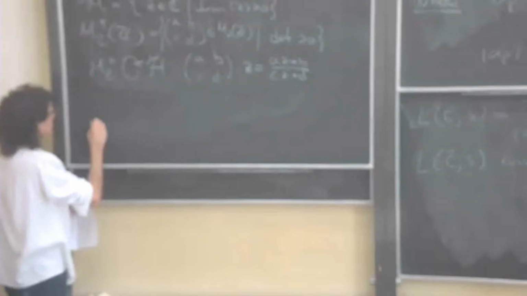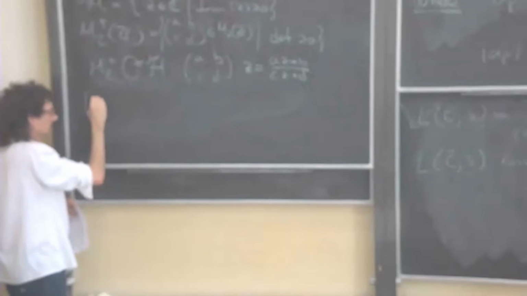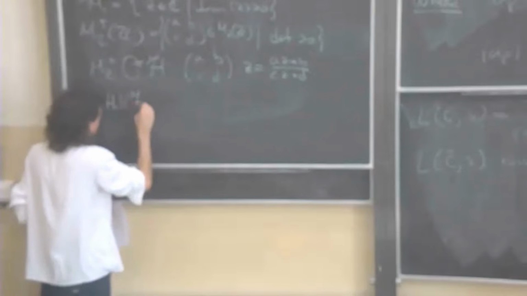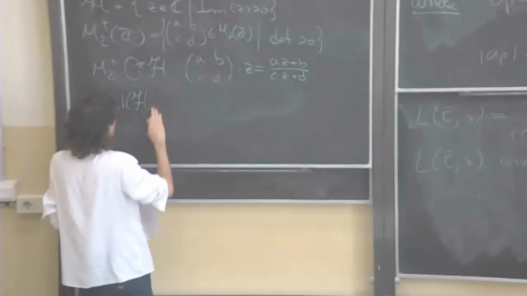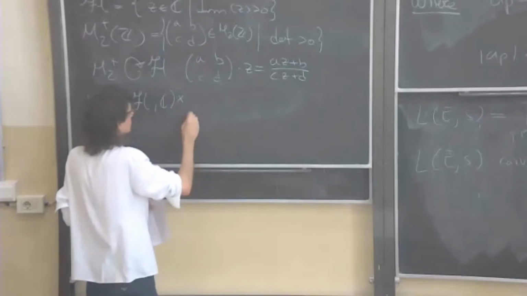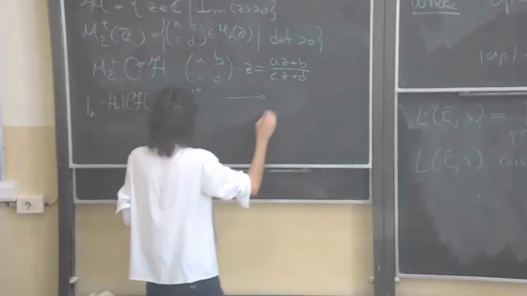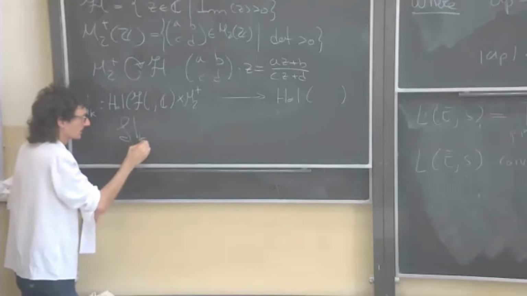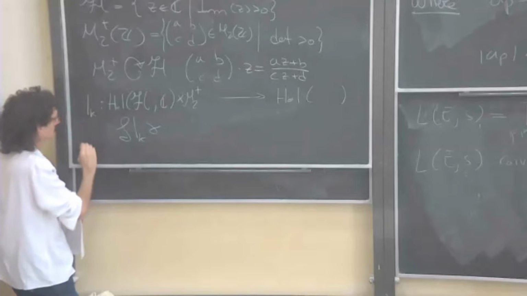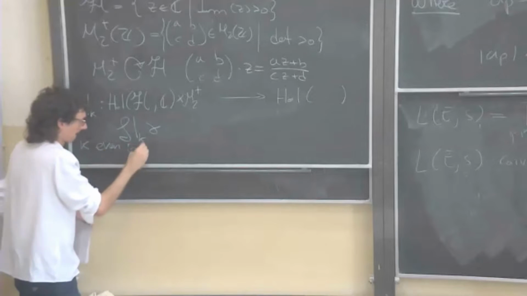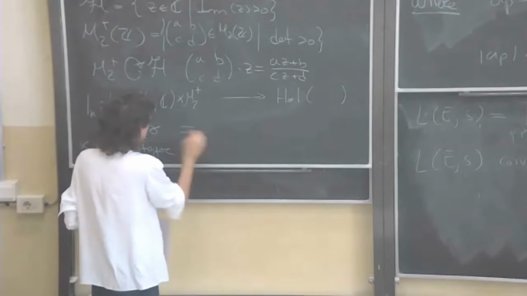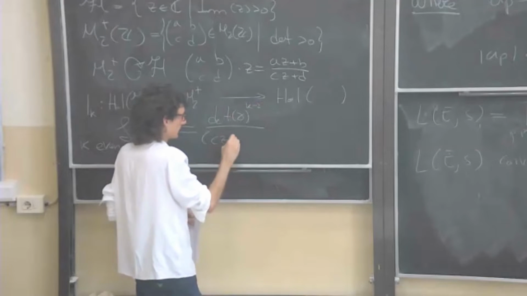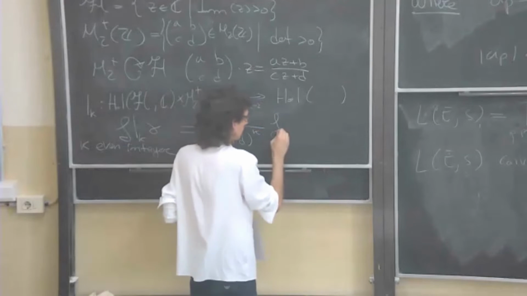In this case, we will define the slash k operator, from holomorphic functions from H to C times M2+ into the space of holomorphic functions again, defining f slash k gamma, where k for us will always be an even integer, to be equal to the determinant of gamma to the k minus 2, times (cz + d) to the minus k, times f of gamma z.